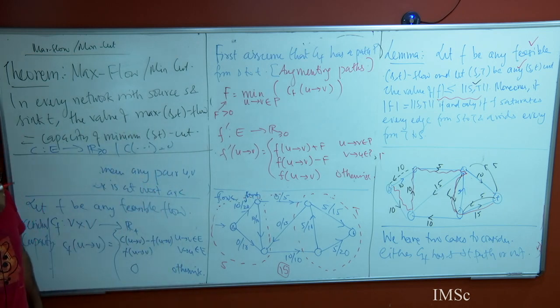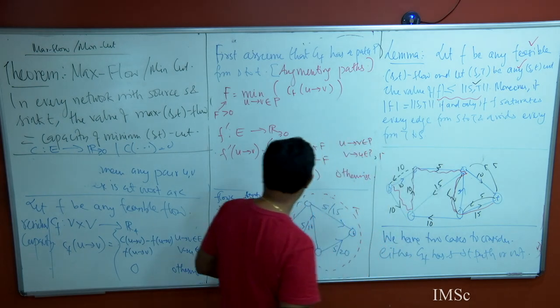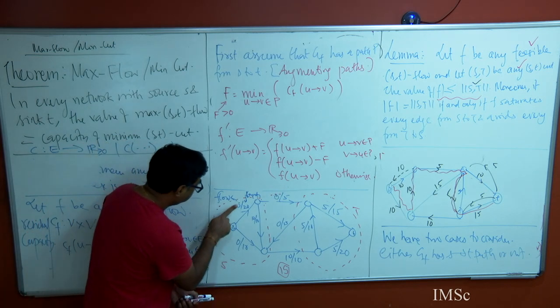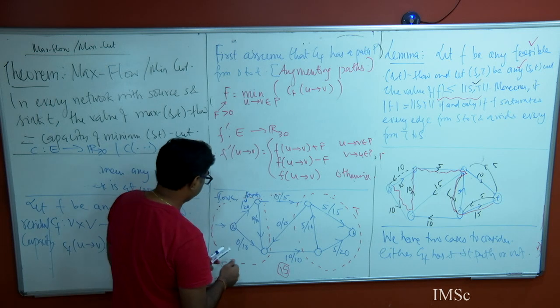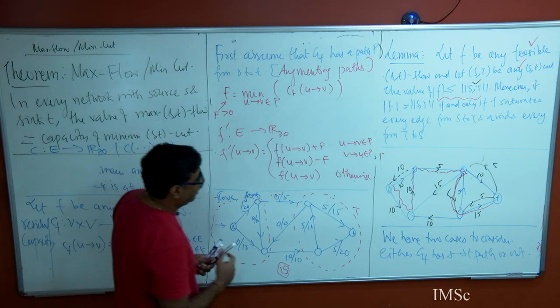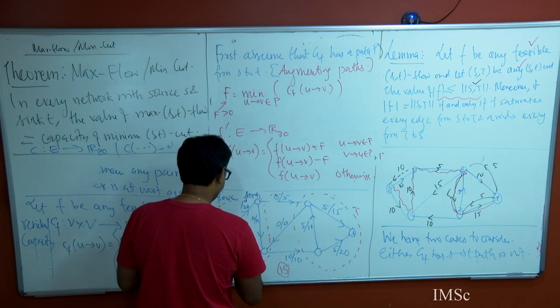So now if I try to do this with respect to our flow function, what will we get in this example? Still we are sending 10 units of flow before, and we are sending 10 units of flow now also.